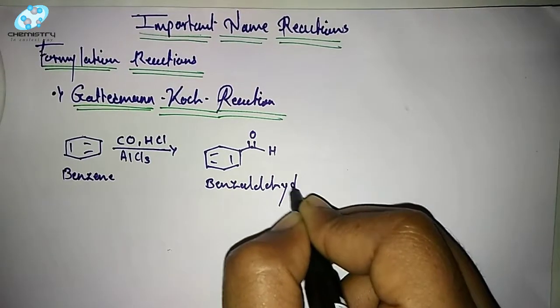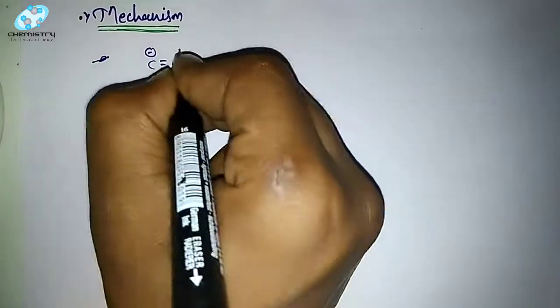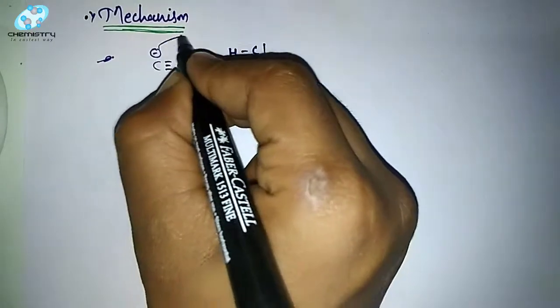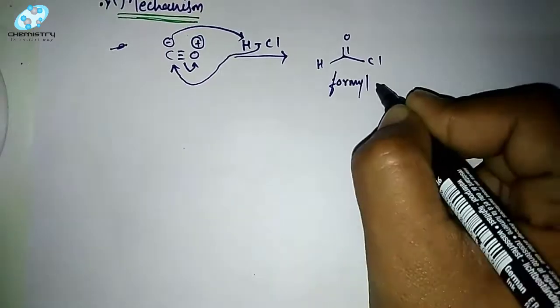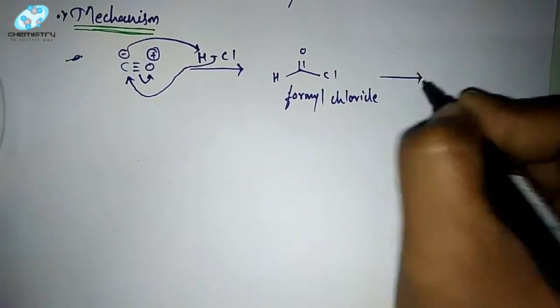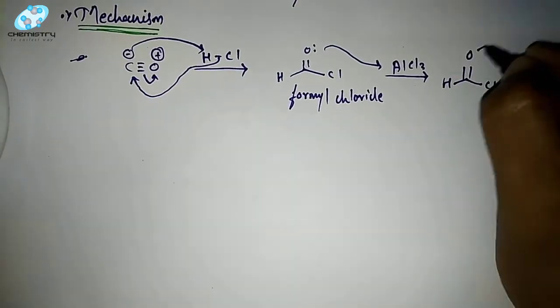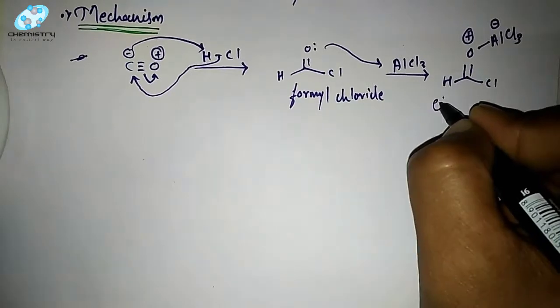Okay, so now let's see its mechanism. Here is the mechanism. Carbon monoxide will react with HCl and they will work together to give formyl chloride in this manner, and this formyl chloride will now react with AlCl3. Again, AlCl3 is a Lewis acid, accepts electrons from oxygen and forms such a bond.